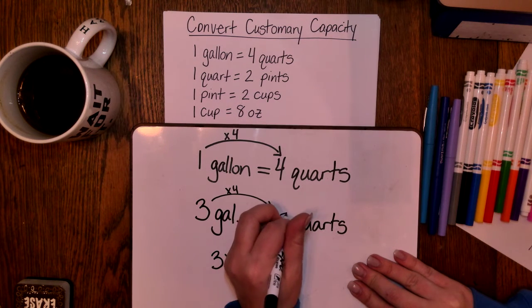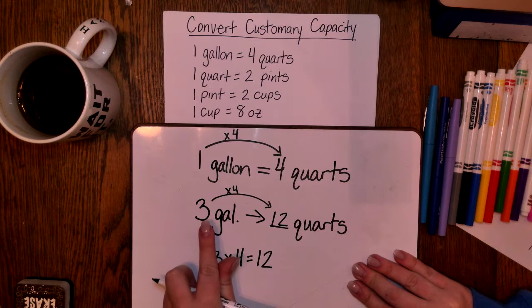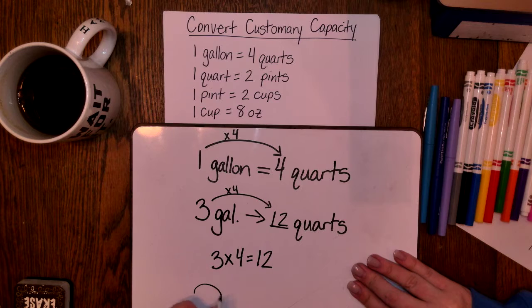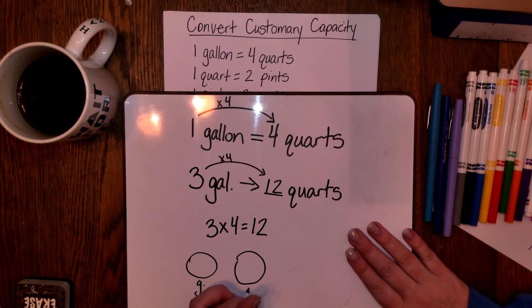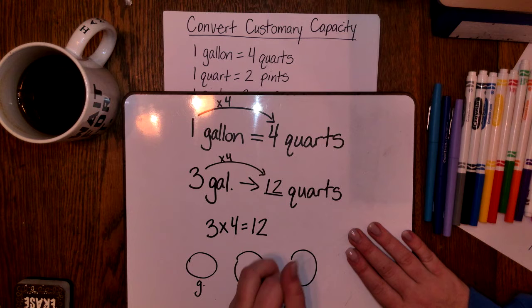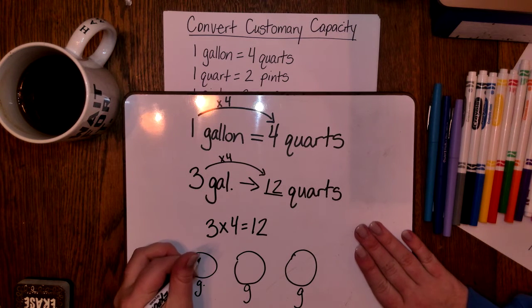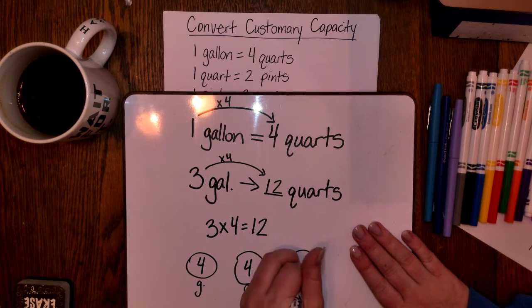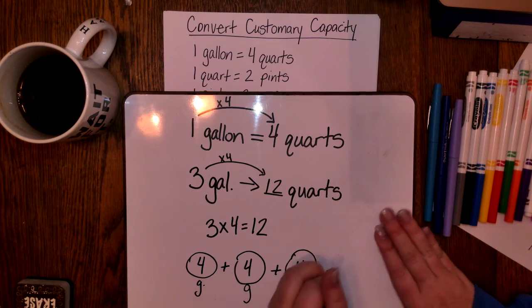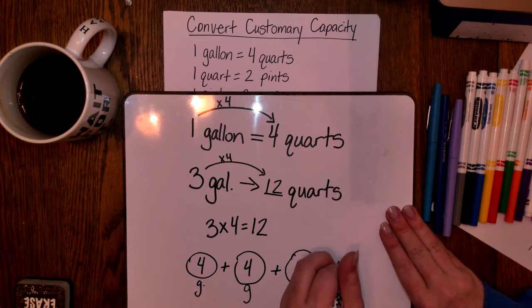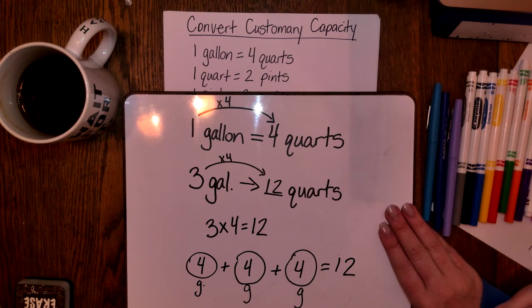So there are 12 quarts in 3 gallons. For every gallon, that's a gallon, that's a gallon, and that's a gallon, I know that there are 4 quarts. So if we put them all together, we get 12 quarts.